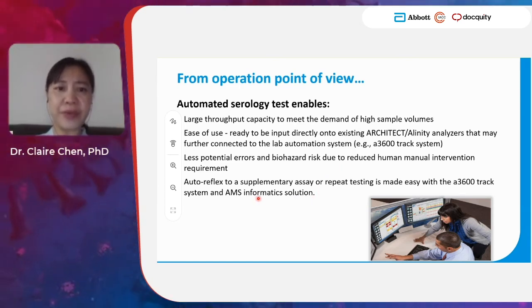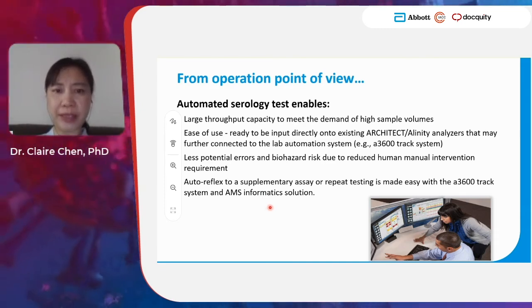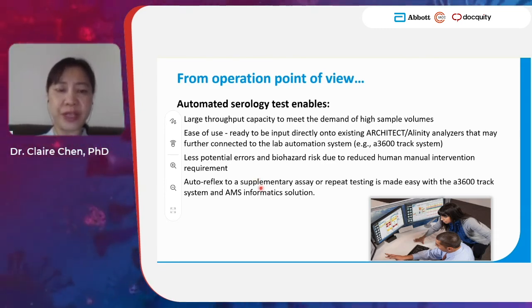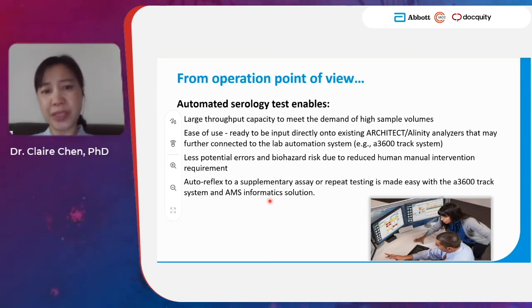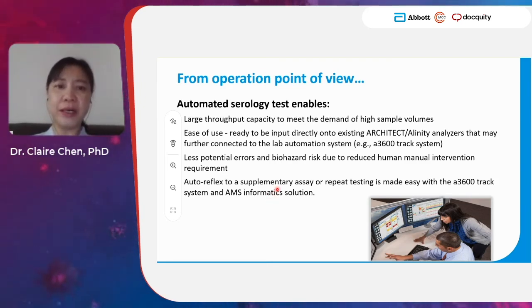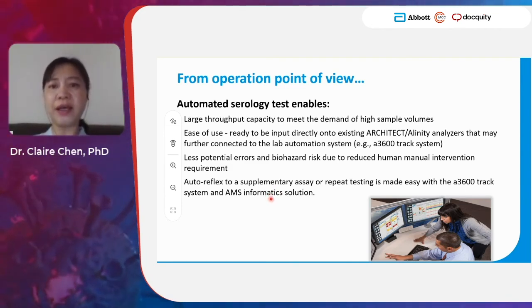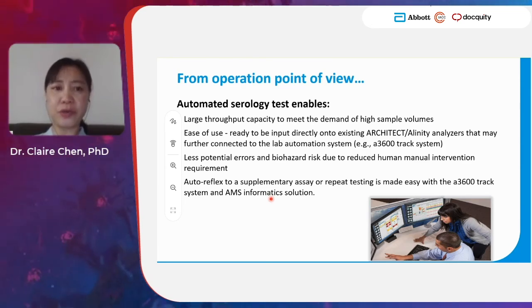And of course, if you are using a more complex algorithm, for example, you want to confirm the assay with a supplementary assay, like a PCR assay or another antibody assay, then with this informatics solution, it can be configured to do auto reflex. That will save your lab personnel a lot of sorting and time.